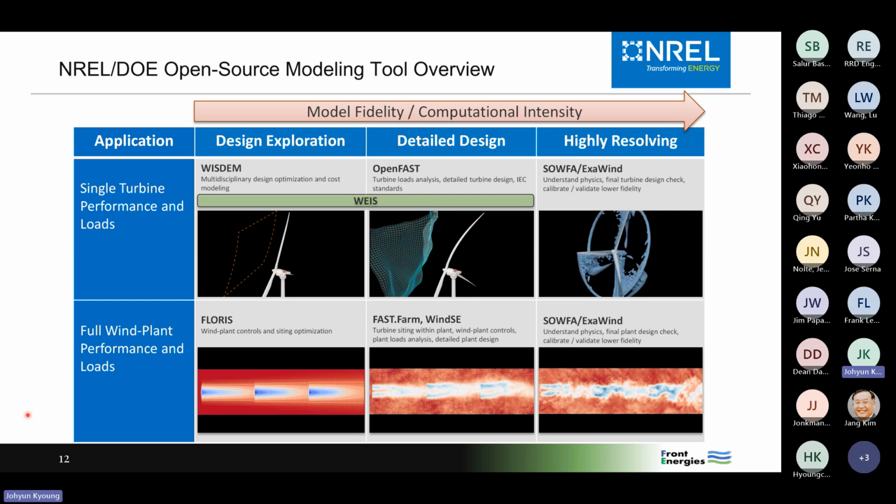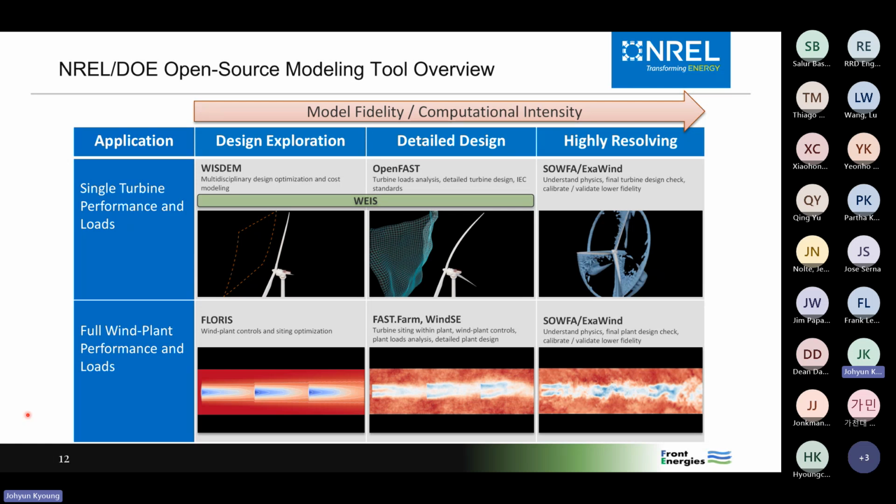We also have a bunch of tools at NREL on the low-fidelity side: WISDEM, a series of quasi-steady type models and frequency-domain models. We also have that at the farm level with our FLORIS tool. These are the kind of models that run almost instantaneously, so you can do millions of simulations without taking any computer resources, to explore the design space before you jump into detailed design at the time-domain level.